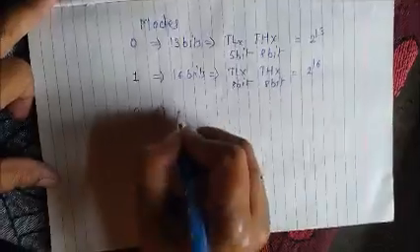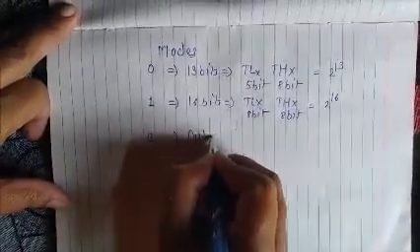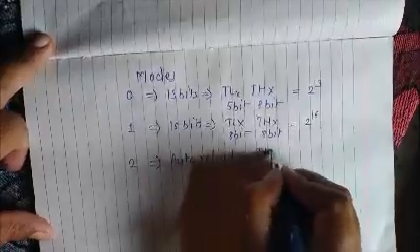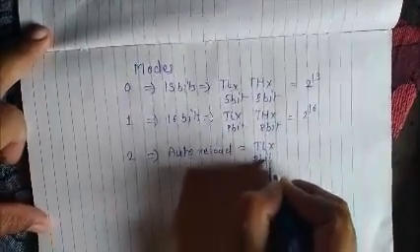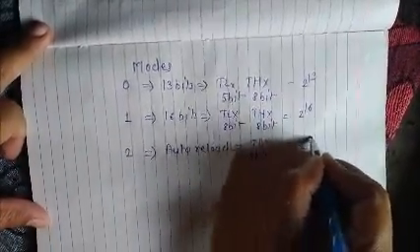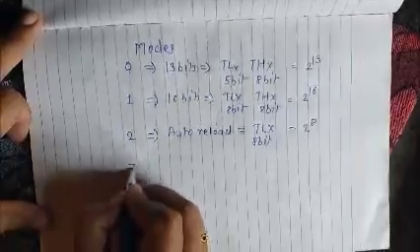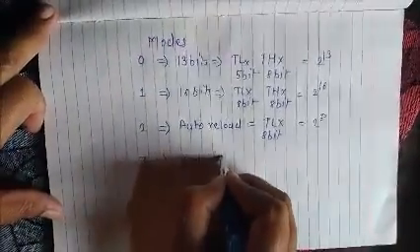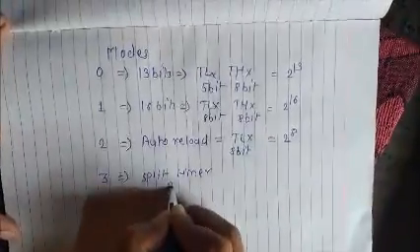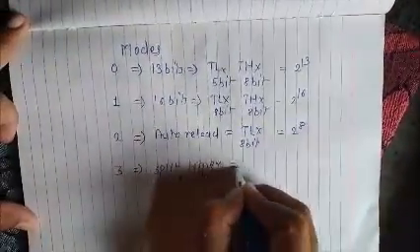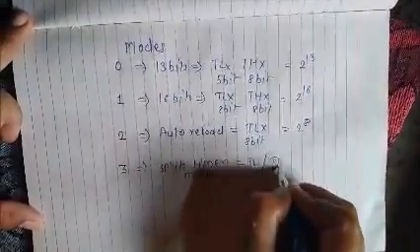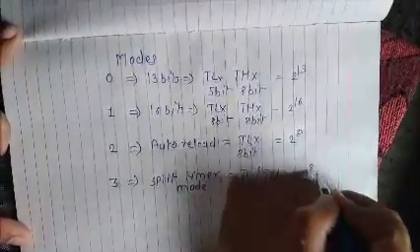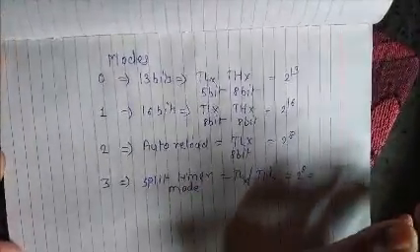Mode 2 is auto reload. It consists of TLX, which is 8 bits, and its capacity is 2 raised to 8. Mode 3 is called the split timer mode. Split timer mode means we use either TL or TH, in timer 0 or timer 1. So it is also 2 raised to 8.